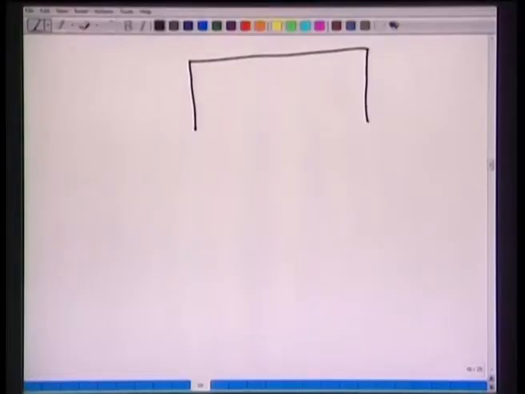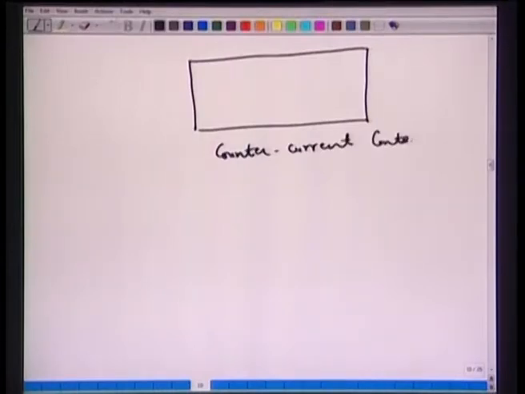So we have a counter current contactor, and now let's assume that this phase E has E1 here and the mole fraction Y1, so 1 and 2, and now we bring the R phase in the opposite direction from the other end.